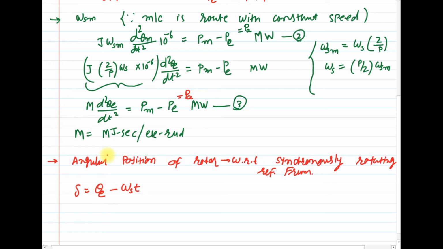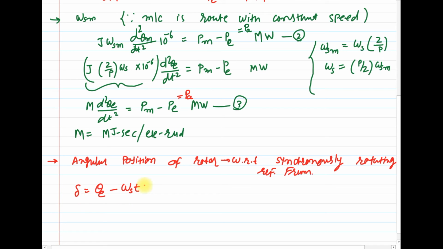So we have calculated over here theta e. We know the reference frame means the position of reference frame. So delta will give us the rotor angular displacement with respect to or from the synchronously rotating reference frame.